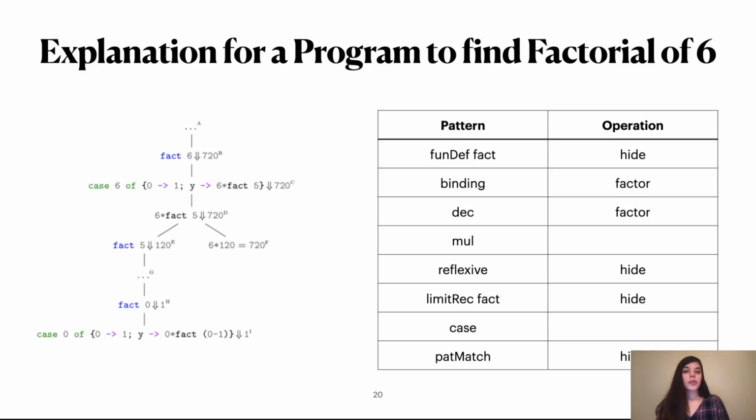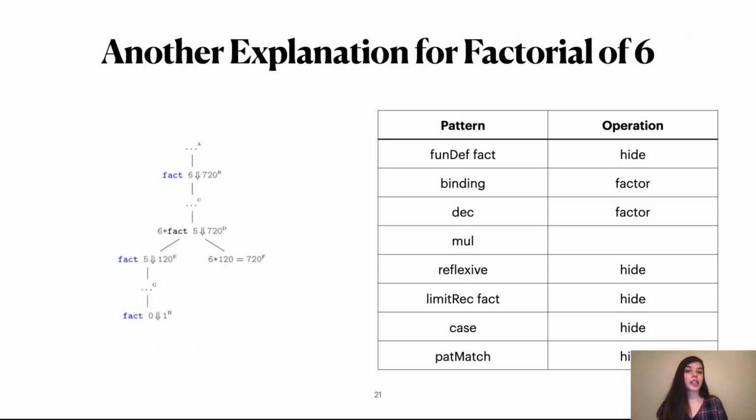Now, this is a good explanation for a particular user. However, for other users, these case expressions are just too much and trivial for them, and they're like, I don't want these case expressions. So another user can simply hide these case expressions, and this is another explanation. So what we can see over here is that these explanations are user controlled. A user has complete control over what is to be included in the explanation and what is not, and that makes it a lot more flexible.